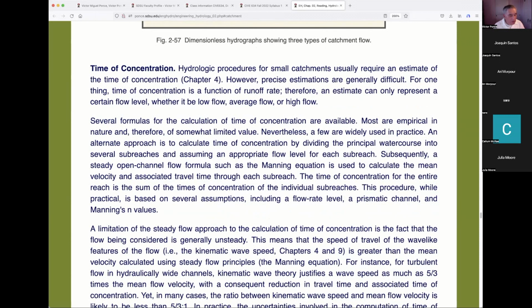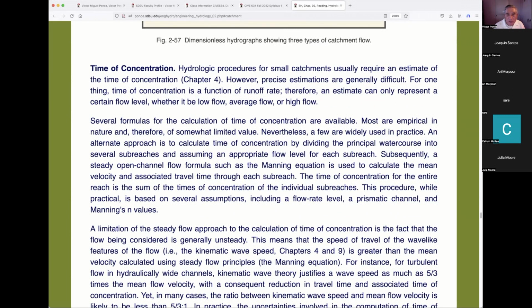Time of concentration is actually a very complex, but simple subject because it has been made into formulas. And there are some formulas out there. One of them is better than the others, and I'll point out which one. The time of concentration is the time it takes a parcel of water to move from the farthermost part of the watershed to the mouth.